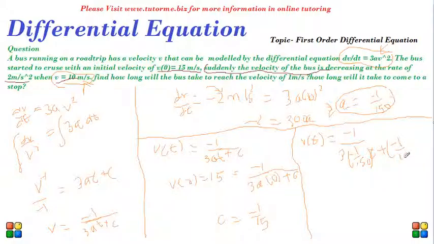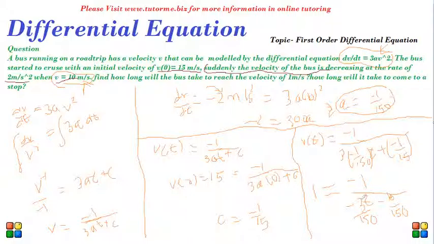Now the question is asking how much time the bus will take to reach a velocity of 1 meter per second. So v of t becomes 1, and I have negative 1 over 3t over 150 minus 1, or I can also say 10 over 150, just to get the same denominator.